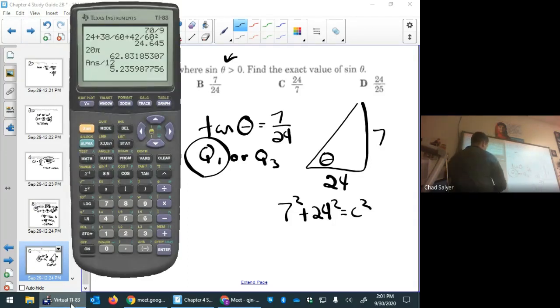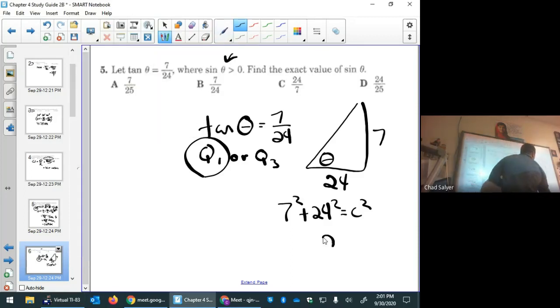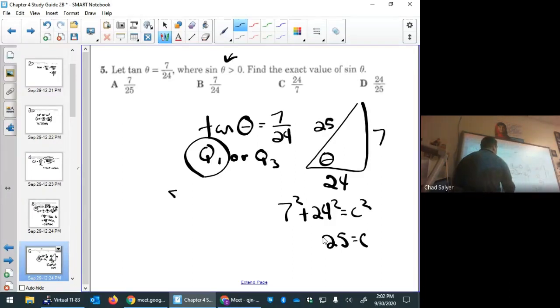So that's going to be 7 squared plus 24 squared, and then we're going to take the square root of that, which is 25. So the sine, in other words, the opposite over the hypotenuse, is going to be 7 over 25. A is in alpha.